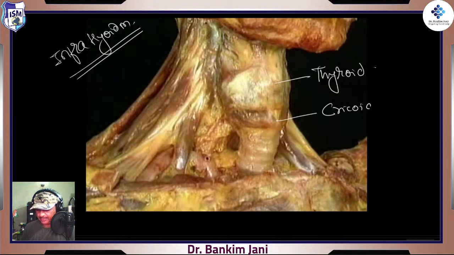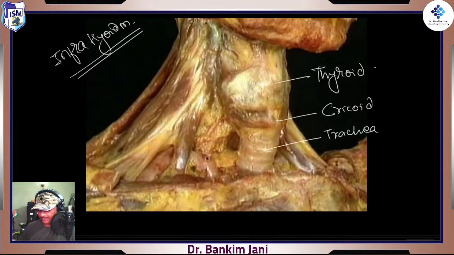Now we are just adding the final portion, and this is like infrahyoid muscles. And we'll see thyroid, parathyroids, we'll see that also. So here it is, thyroid. That is cricoid, and that one is trachea.